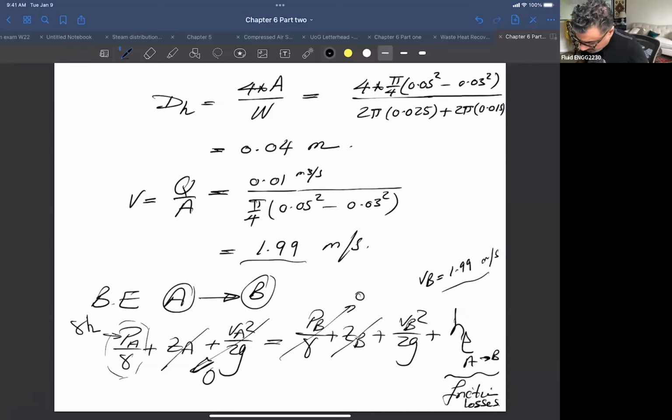So basically you can calculate this velocity here. Yeah, the velocity inside the tank is zero, because the tank is considered to be a huge reservoir, right? So whatever the flow rate is divided by the area inside the tank, the area of the tank is big, that means it is basically zero.